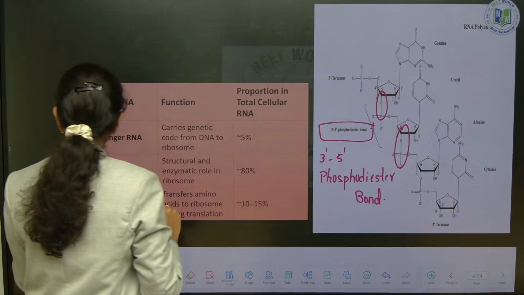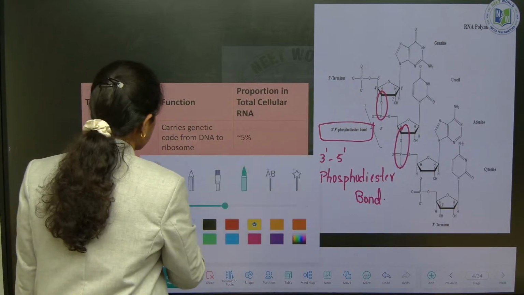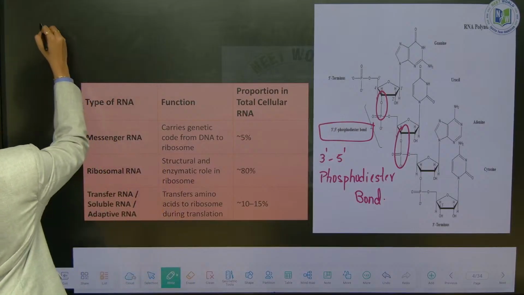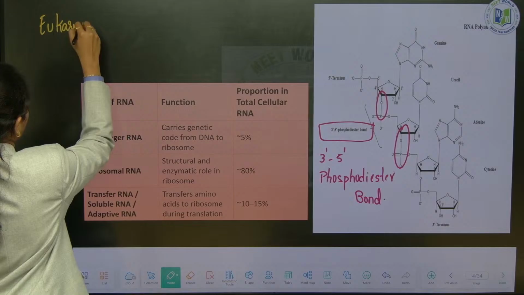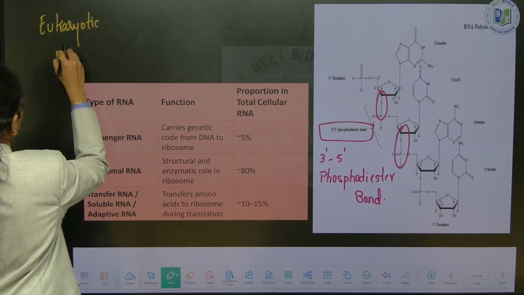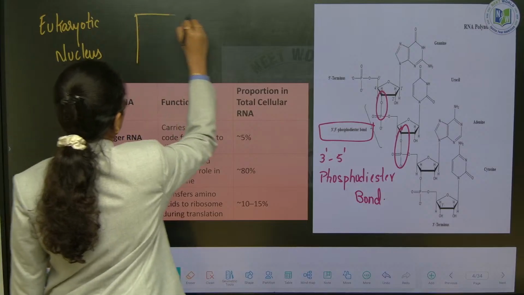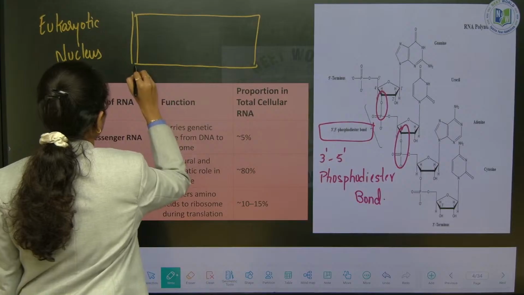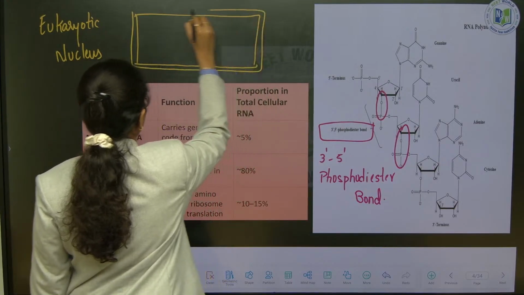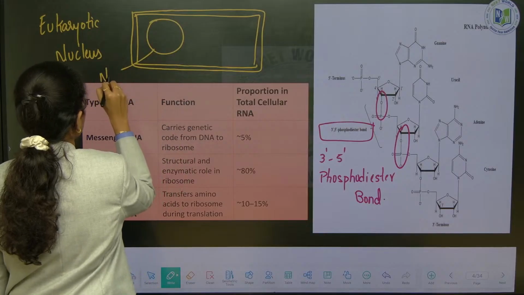Now, we will look into the synthesis. Where are these synthesized in a eukaryotic cell? Let us suppose this is the eukaryotic nucleus, just a cartoon diagram, and inside which you have nucleolus.